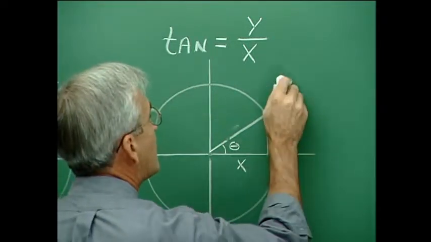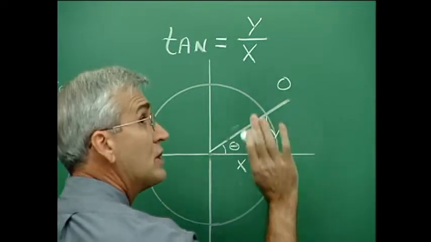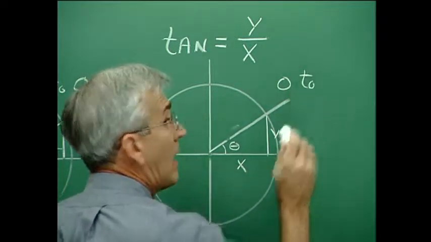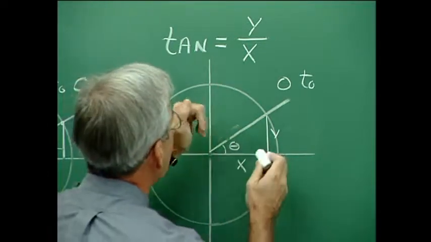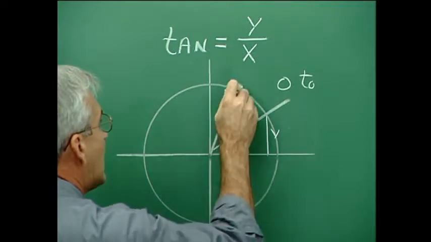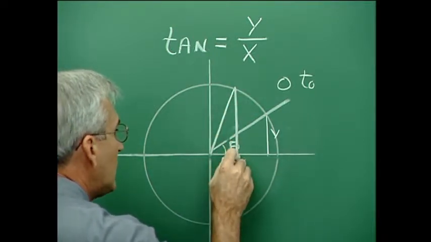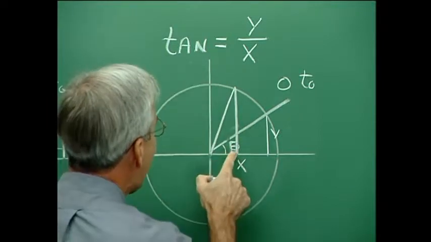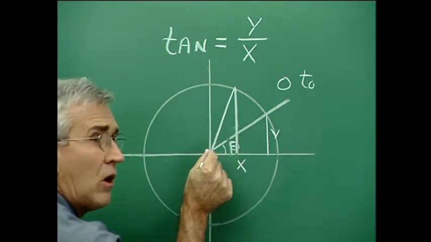So the value for tangent begins at 0 when theta is 0 degrees. Now let's see what happens as we get bigger. As the angle gets larger and larger, the y is approaching 1, but the x is getting smaller and smaller.